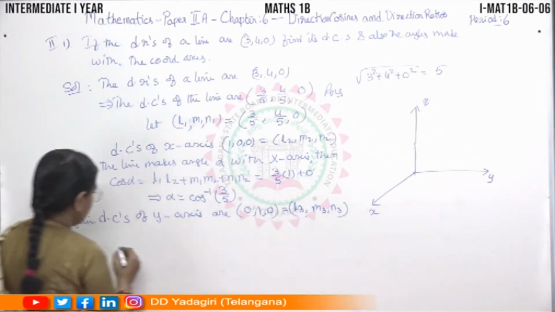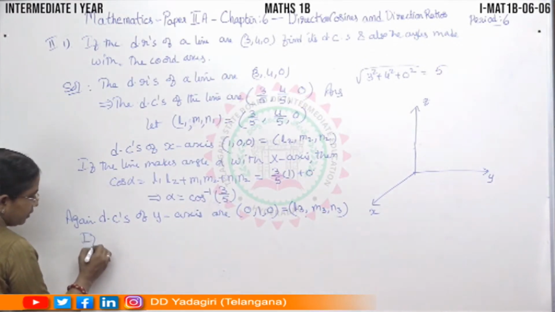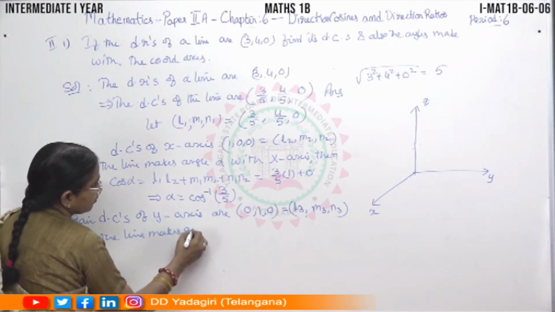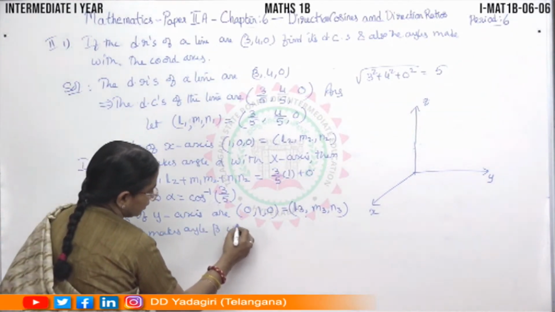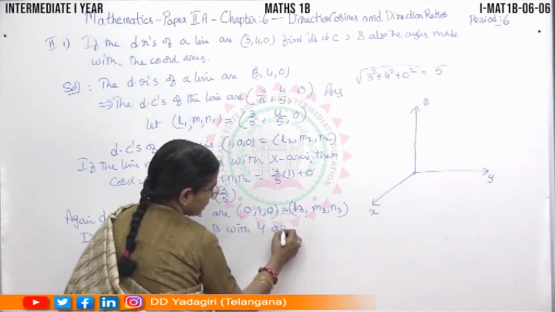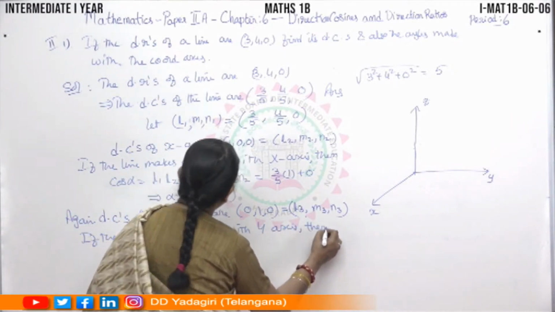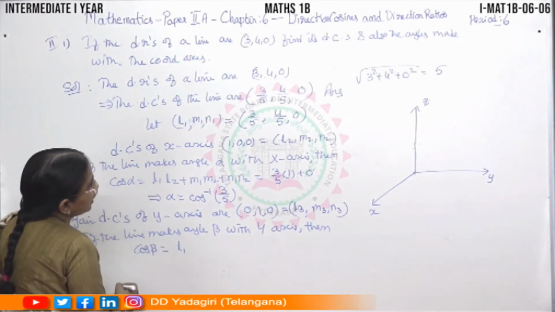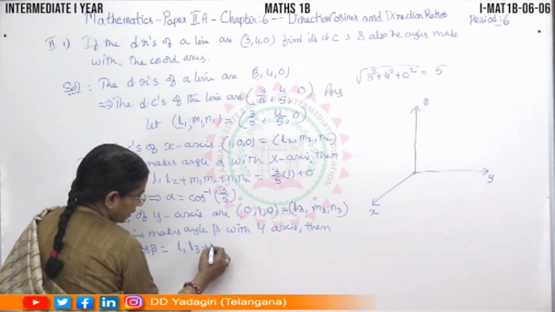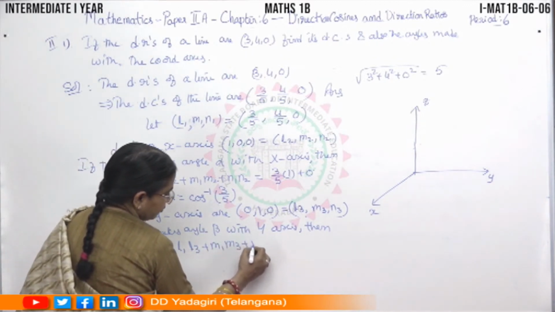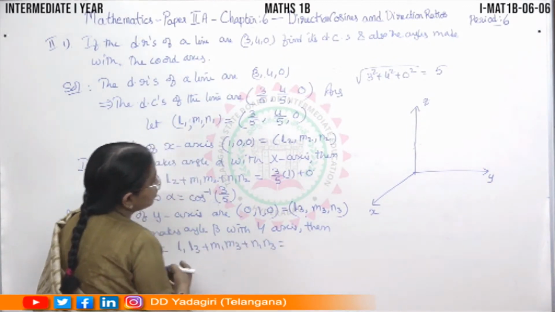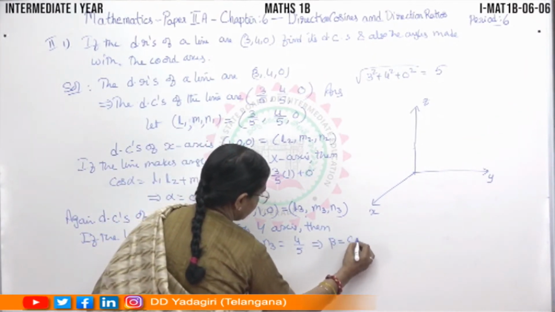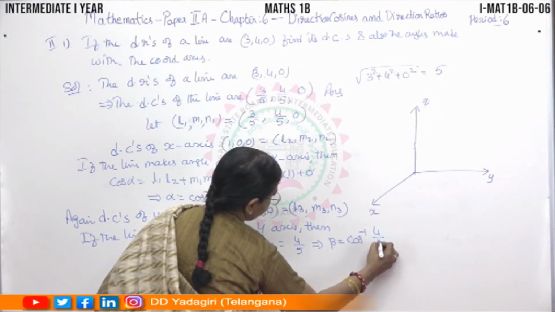Now suppose that beta is the angle the line makes with y-axis. Then cos beta is equal to L1 L3 plus M1 M3 plus N1 N3. So you'll get just 4 by 5. That means beta is equal to cos inverse of 4 by 5.